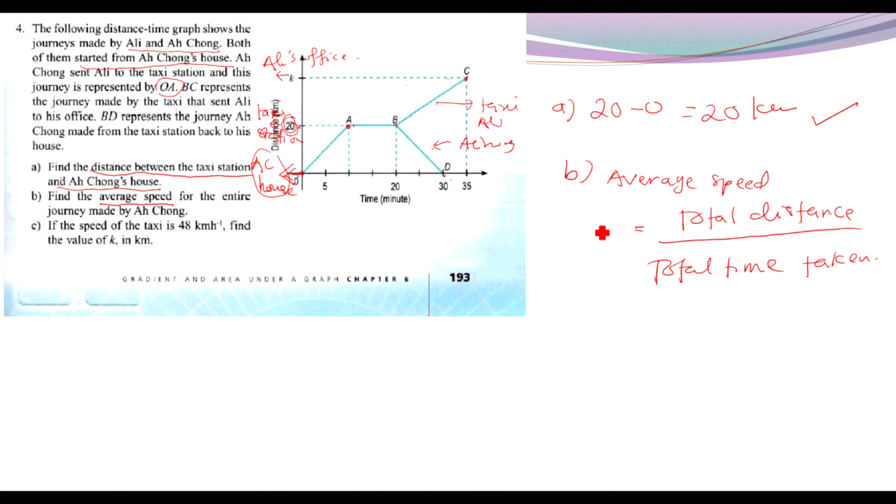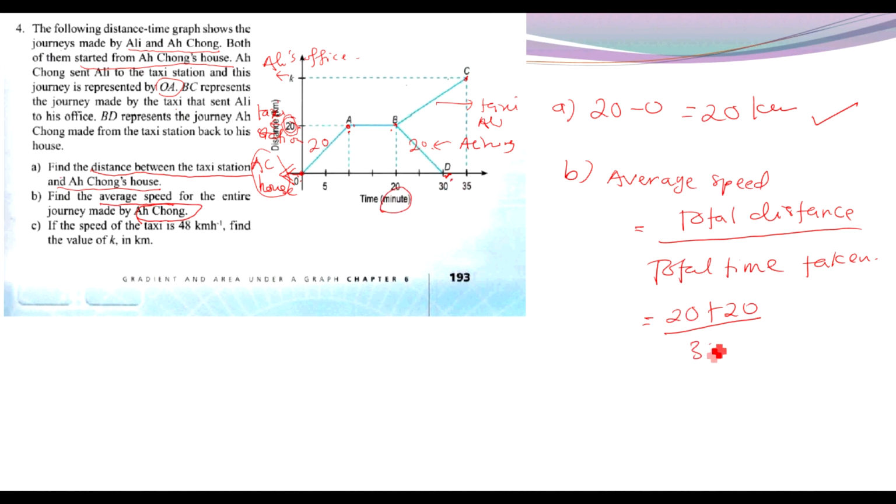So average speed for who? For Ah Chong. Ah Chong's journey is from this to this, stays here, and then goes back to the house. So from here to here is 20 kilometer. B to D is also 20 kilometer. So equals 20 plus 20 over 0 to 30 minute.